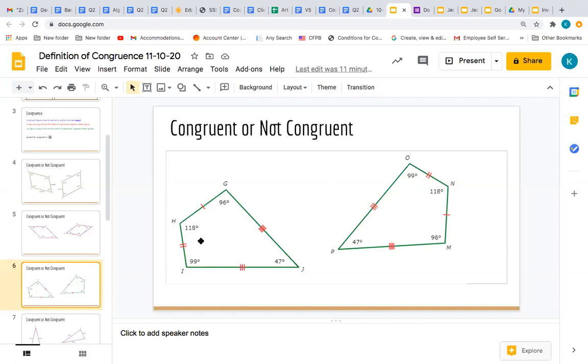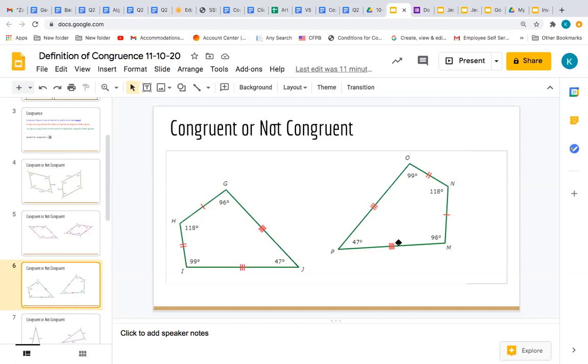Also, you can see 3 bar over here, and there's another 3 bar. This means these two sides are congruent, or exactly the same thing. And this side is exactly the same thing. And this side is equal to this side. And this side is equal to this side.